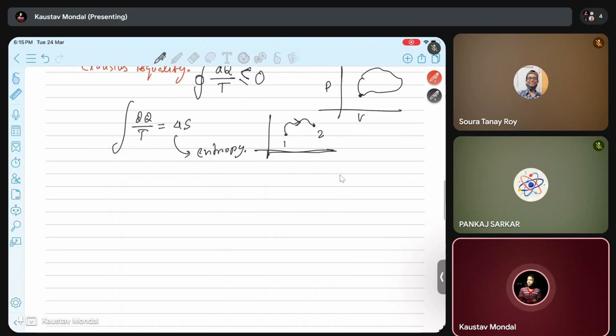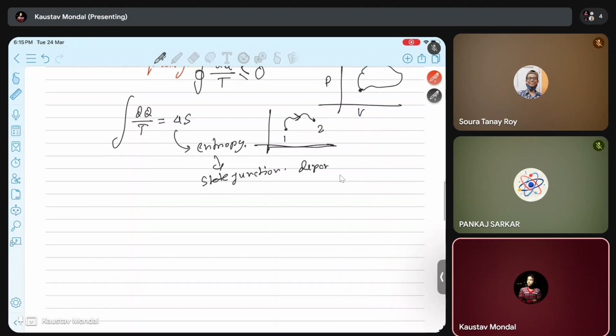So it is a state function, which means it only depends upon the initial and final state.